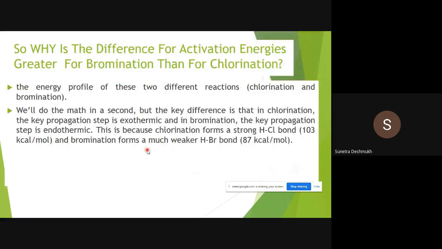So, why is the difference in activation energy greater for bromination than for chlorination? The next question arises: we have seen why bromination is selective. The bromination reaction is more selective because to generate the primary and secondary free radicals, the difference in energy of activation is higher, 3 kilocalorie per mole, compared to the chlorination reaction.